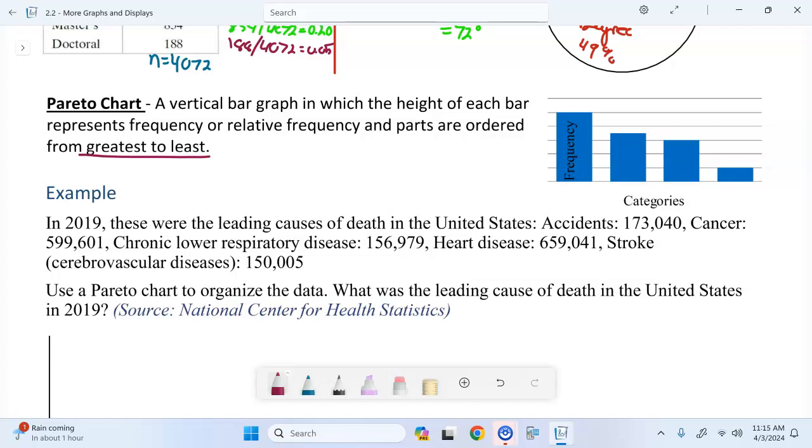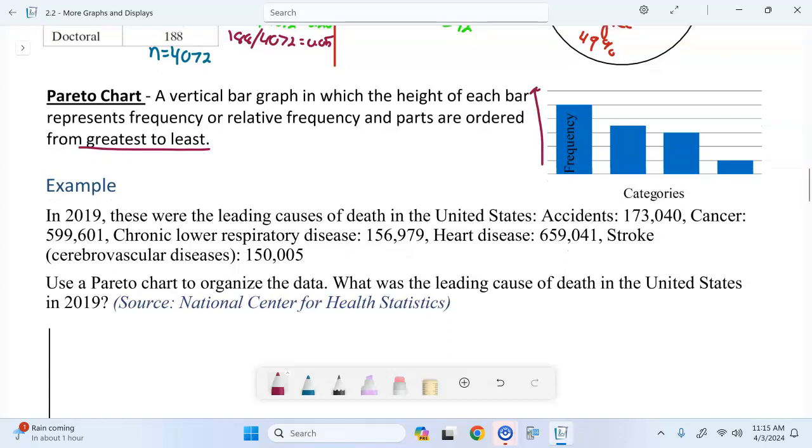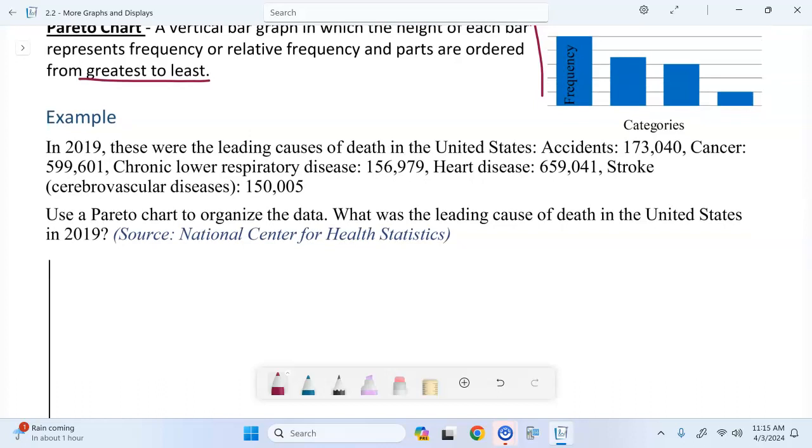So a Pareto chart just orders it from greatest to least, but everything else about it relative to a frequency histogram is very, very similar. Our horizontal axis is going to represent our categories, while our vertical axis represents the frequency for that category. So we have the leading causes of death in the United States.